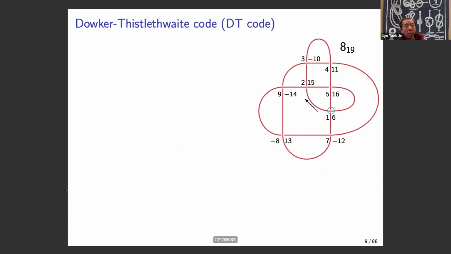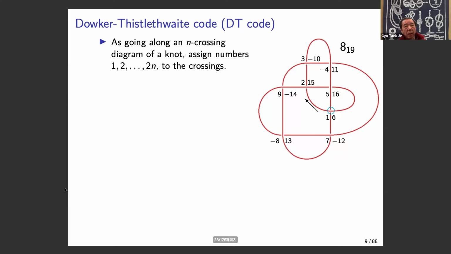Okay, so we started from the Dowker-Thistlethwaite code, DT code in short. Here we have this 8_19, which is the torus knot of type 3,4, and starting from anywhere in the diagram, we start assigning numbers to every crossing.